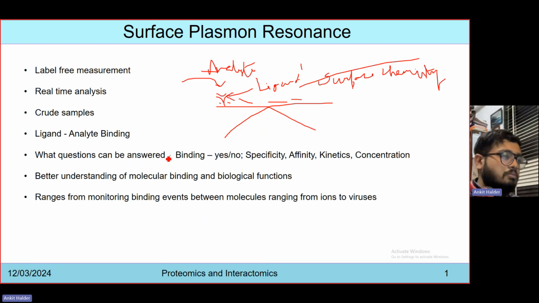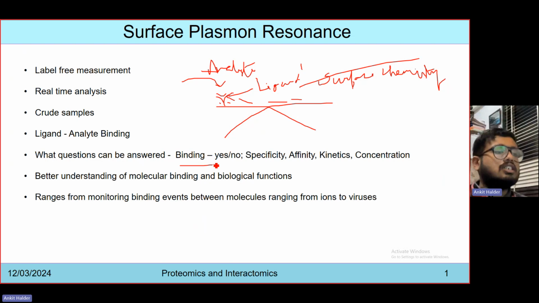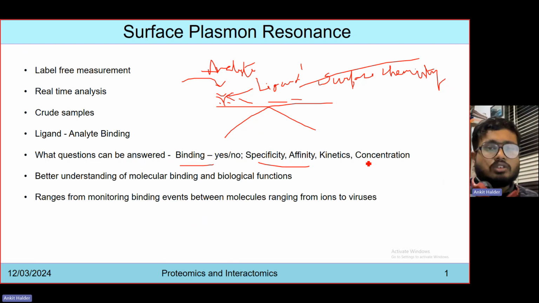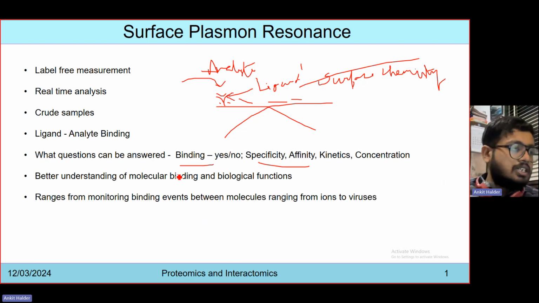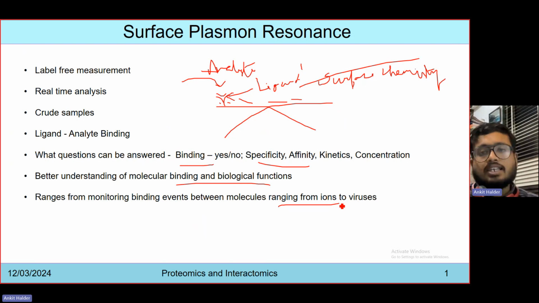The questions that can be answered by surface plasmon resonance are: is it binding, yes or no, the specificity, affinity, kinetics, concentration, etc. This gives us a better understanding of molecular binding and biological functions, and it ranges from monitoring events between molecules, from ions to viruses.